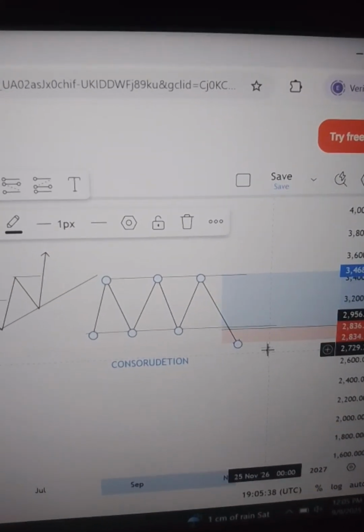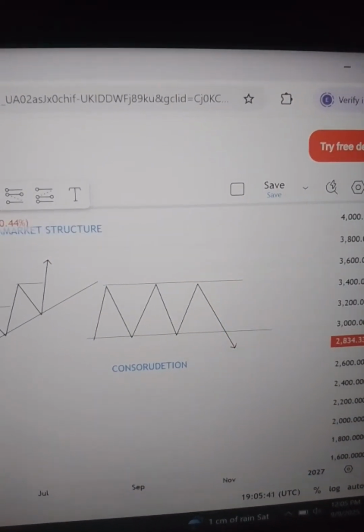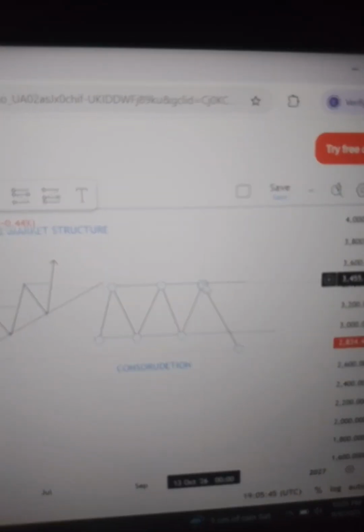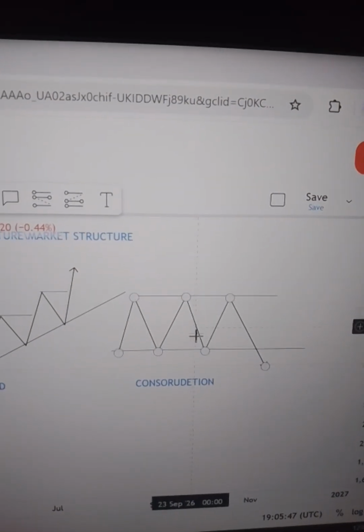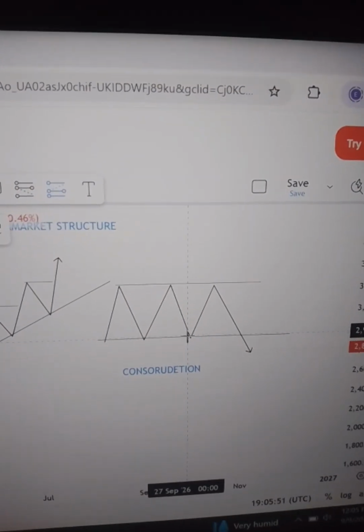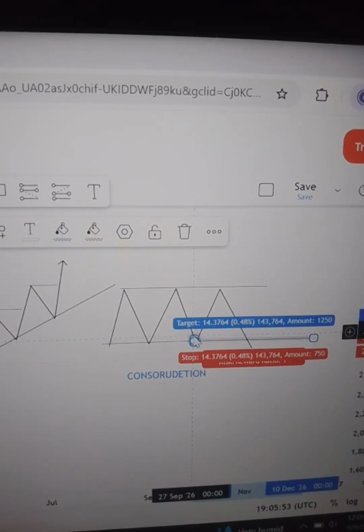And some people can actually go for, maybe the market will just go up and touch here again. Like the market will just touch here and people will be looking for buying from here.